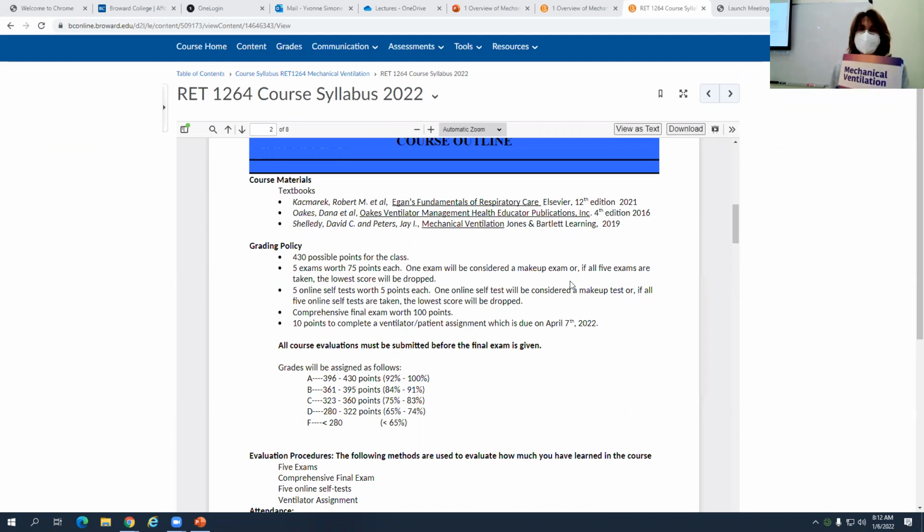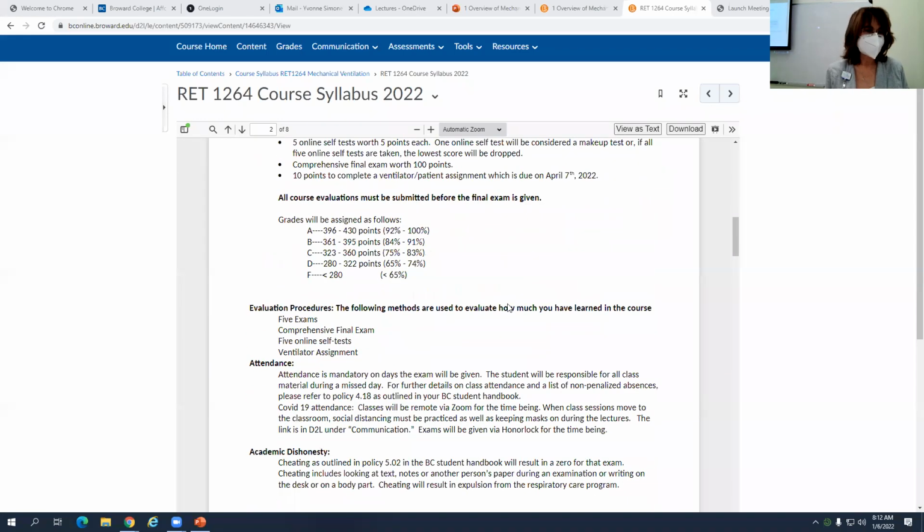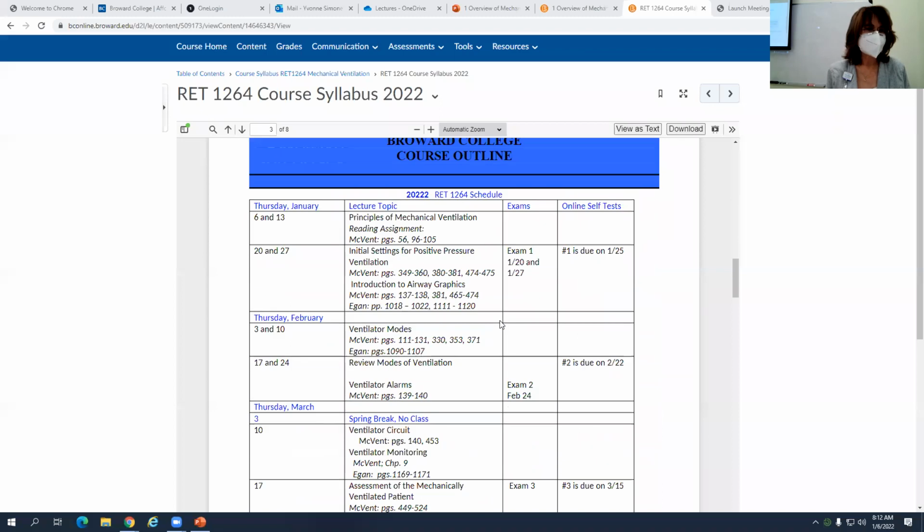And then the Mechanical Ventilation textbook by David Shelledy. The information is spread throughout the book. So what I did, let me show you, I'll have to step back.